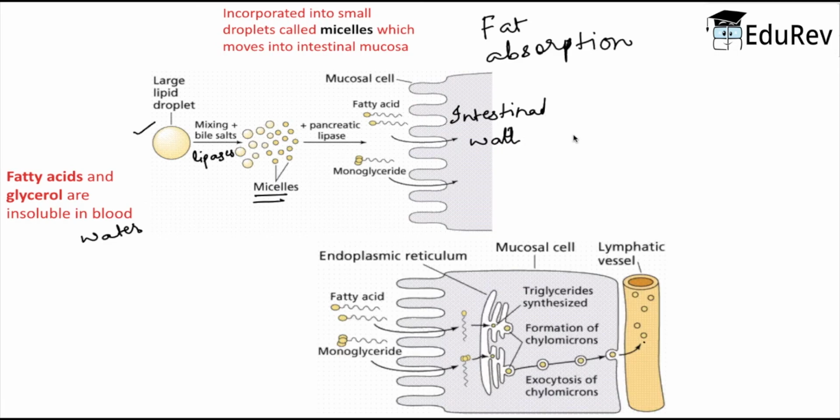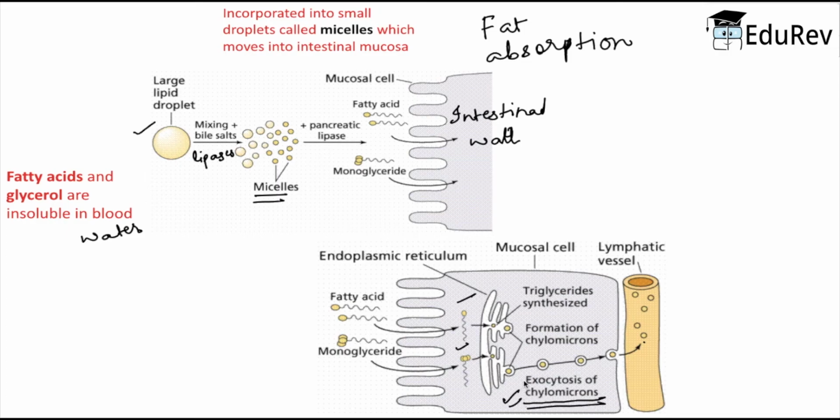Now after entering inside the intestinal walls, these small micelles, here you see, have a protein coat around them, because of which they get reformed into small fat globules which are known as chylomicrons.